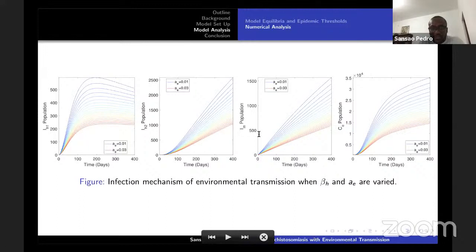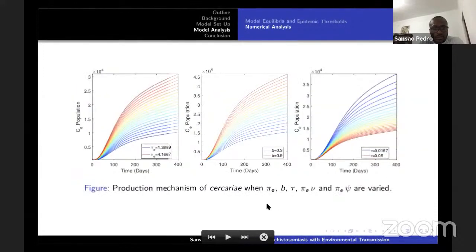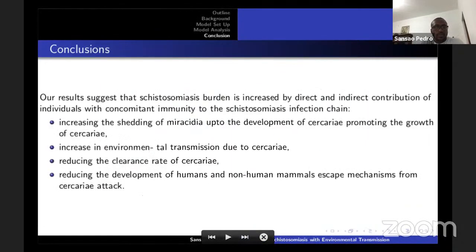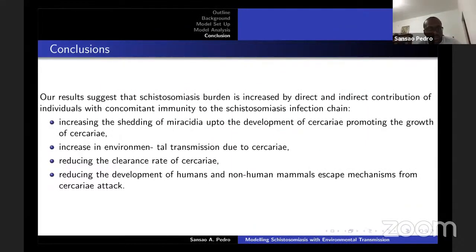We do this for other parameters, which are pi e, b, and tau, and then we come to the following simple conclusions, as our objective was to understand the interplay between concomitant immunity, reinfection, and environment.